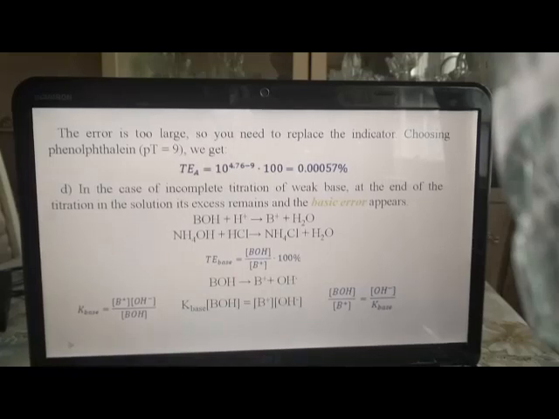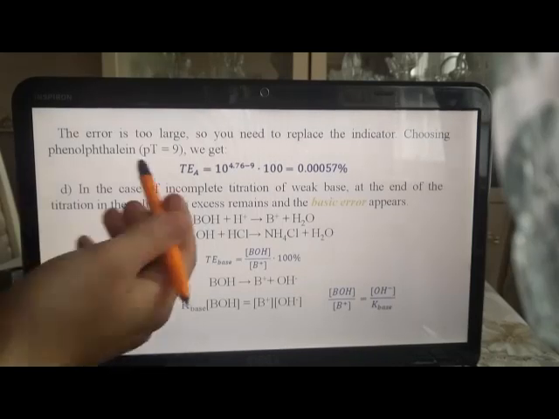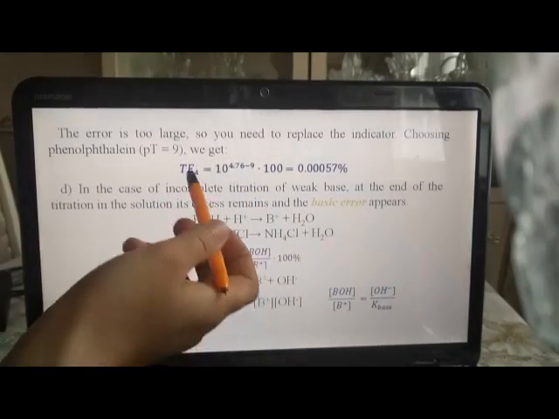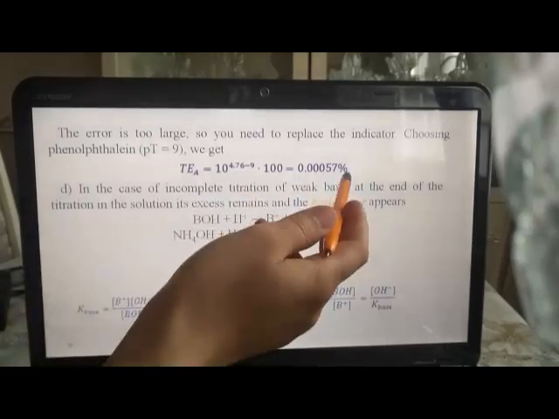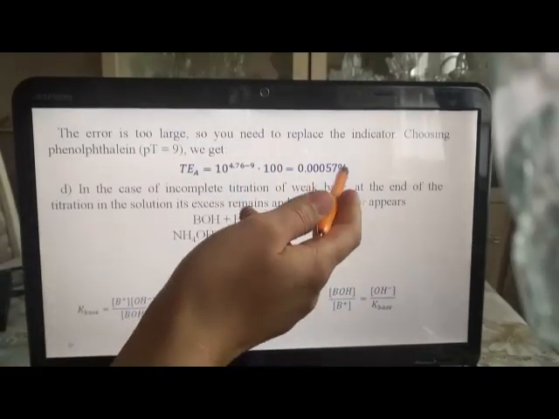The error is too large, so you need to replace the indicator. Choosing phenolphthalein, PT, we get the titration error for phenolphthalein, which is expressed in percent.